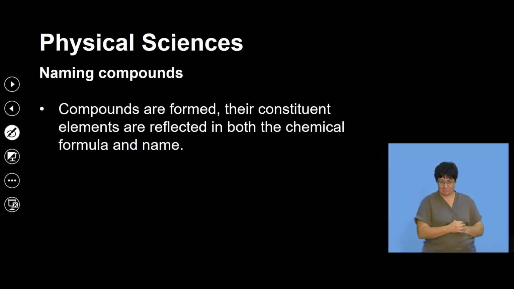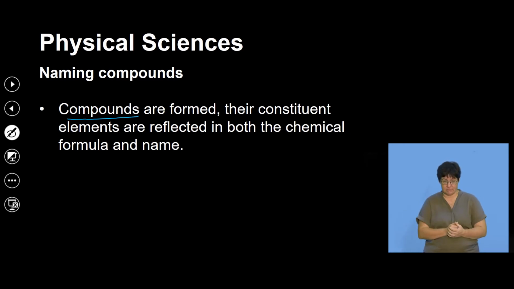Now, if we focus our attention a little bit on the actual naming of compounds, remember, when we talk of compounds, it means there are individual elements in the periodic table. When these elements combine with each other and form compounds, these compounds are essentially composed of atoms of different elements that are bonded to each other.